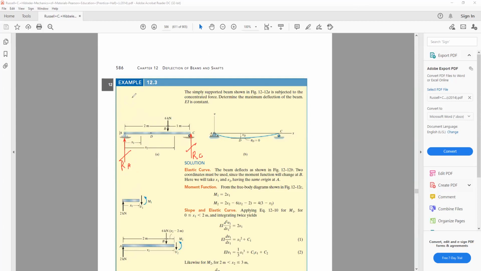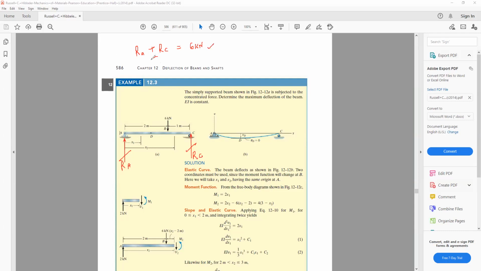Now we know from the basic fundamental equations, RA is acting upwards, so we're taking it as positive. RA plus RC minus 6 kilonewton will be equal to 0. That is RA plus RC will be equal to 6 kilonewton. This is when we take the summation of the forces.